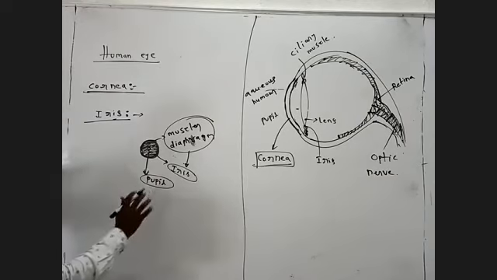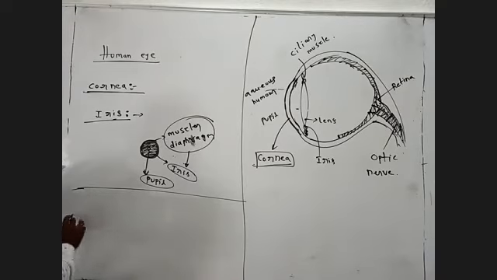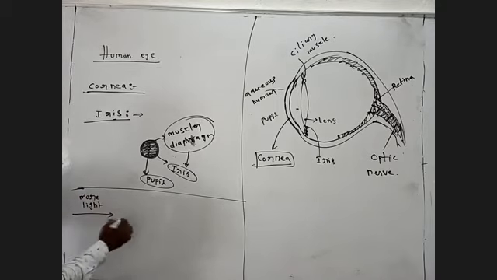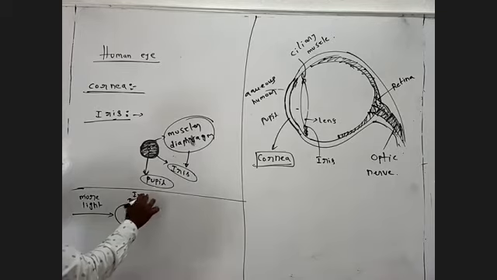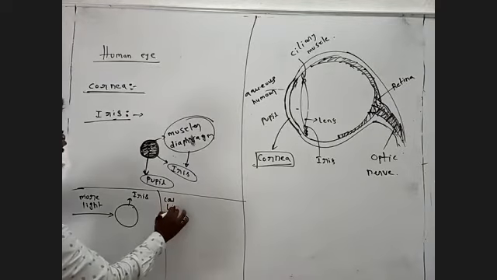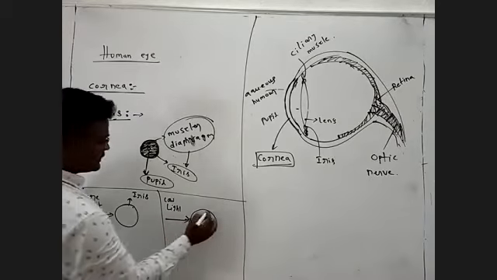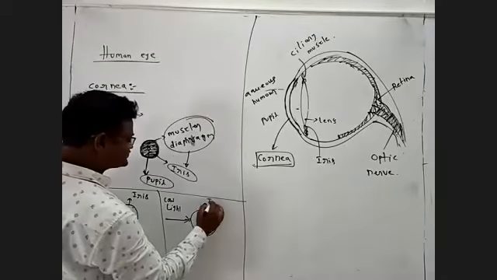So now, for example, this is the iris. Next, low light. Low light falls on here. This is the iris.